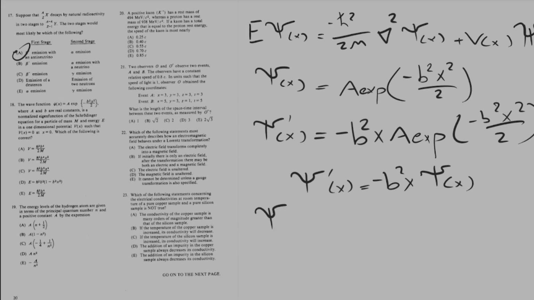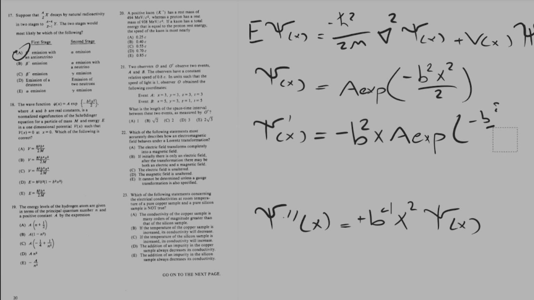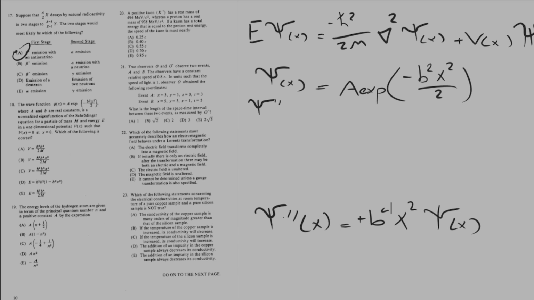Then I need the second derivative, which is going to give me positive b to the 4th x squared psi, plus another term. So taking that, we do a little bit of erasing. So I've got the second derivative of psi and psi. Let's just write this up here. Psi double prime is b to the 4th x squared.